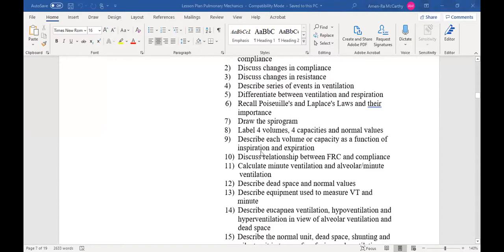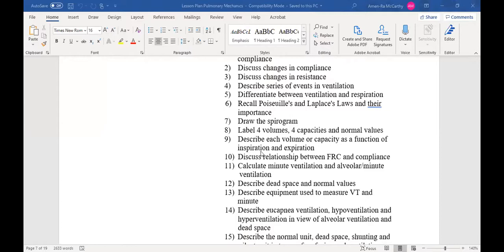Then you will need to discuss the relationship between the FRC, which is functional residual capacity, and compliance. Remember, they are directly related. If you have a high compliance, then you will have a high FRC.